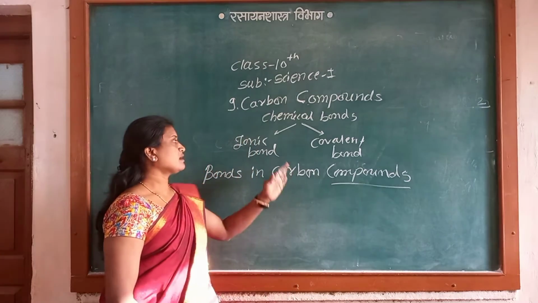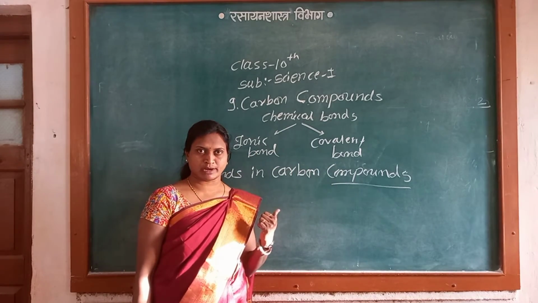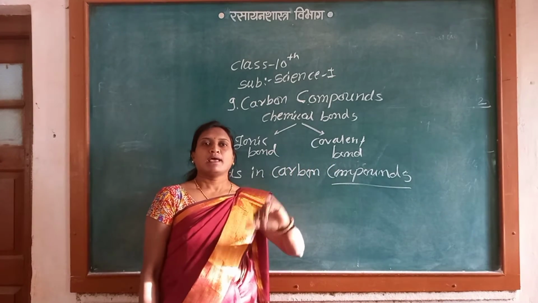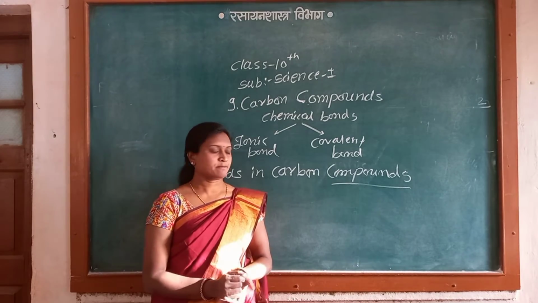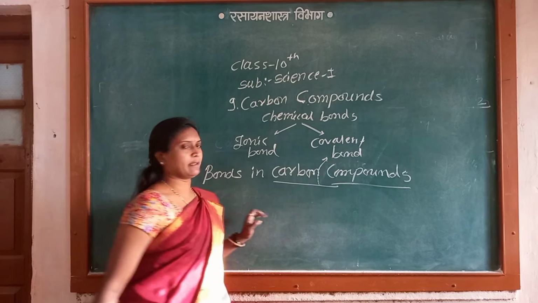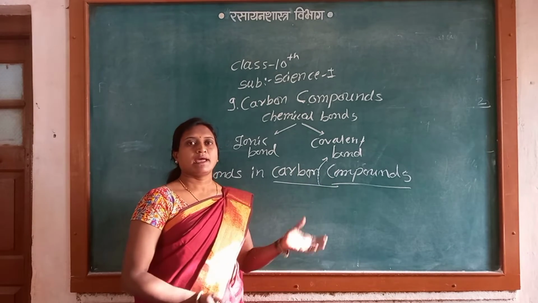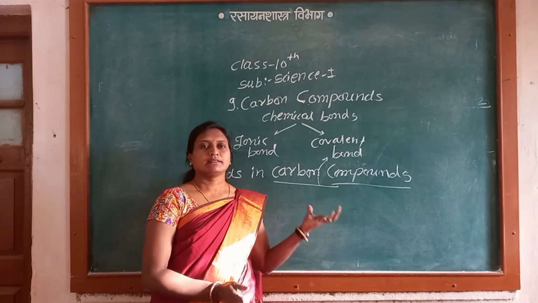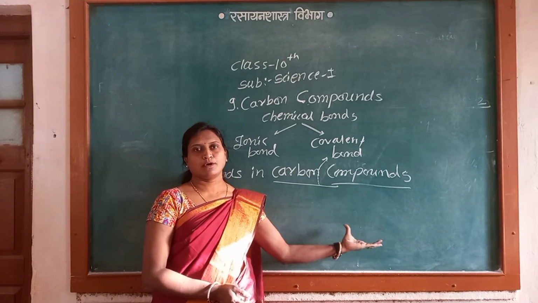Why? Because ionic bond is formed by the donation and acceptance of electrons, and the bond formed is too strong, while covalent bond is formed by only the sharing of electrons, so it can easily be broken. So carbon compounds mostly form covalent bonds. If you compare some carbon compounds and observe their melting and boiling points, you can see that carbon compounds generally have low melting and boiling points.